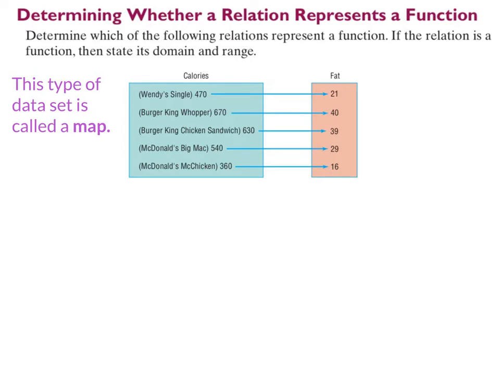All right, so what we're looking at as far as an example is called a map, where we have an input, or x values, or our domain, are calories of fast food sandwiches, and the output is grams of fat. Delightful. So I look at this and I look at the input versus the output, and I see this teal-ish box as my input, and each number, 470, 670, etc., is different.